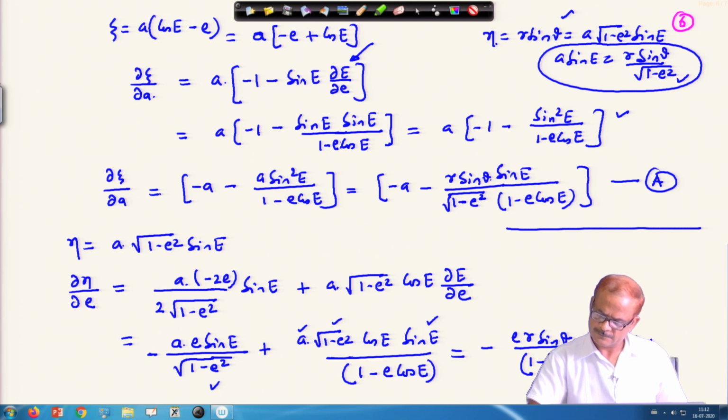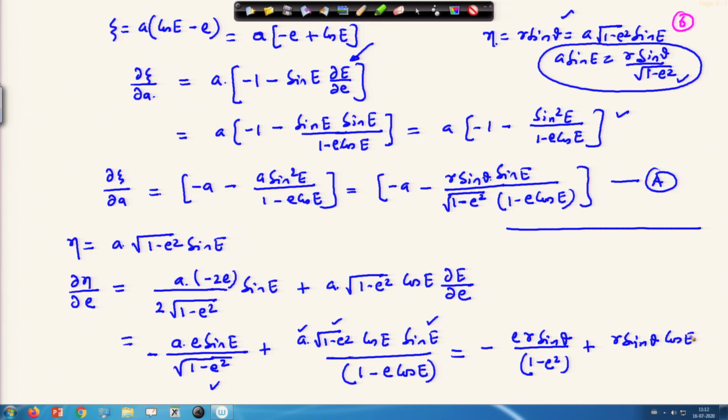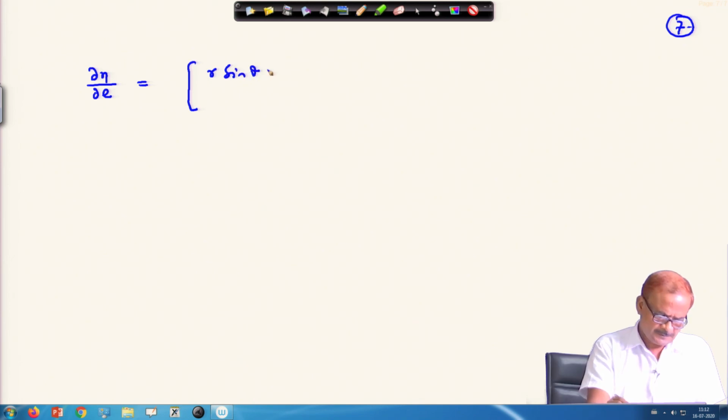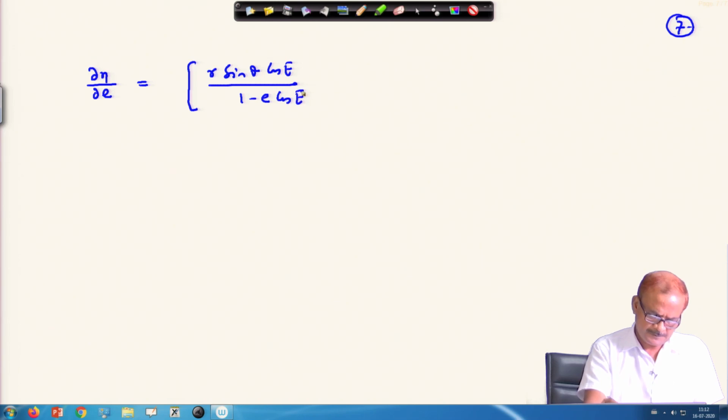So, this becomes r sin theta times cos E divided by 1 minus E cos E. Let us summarize it here. So, this becomes r sin theta cos E times 1 minus E cos E.